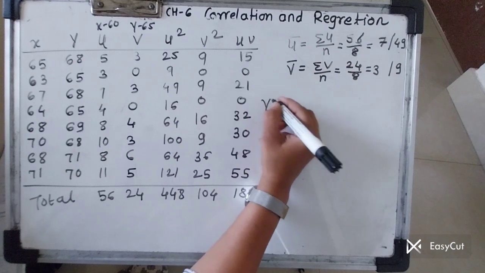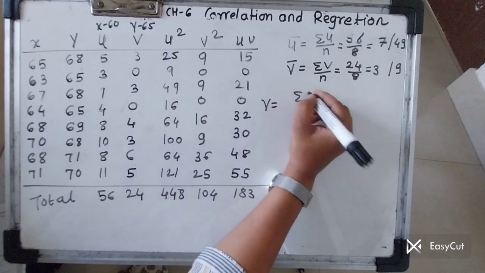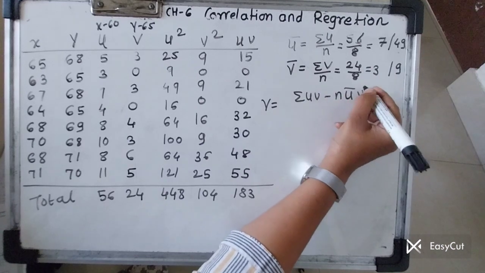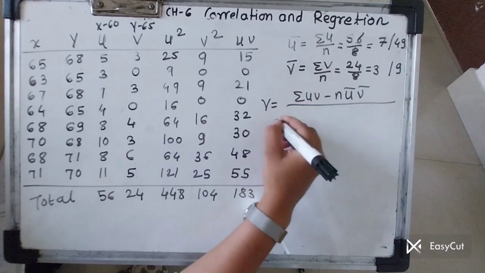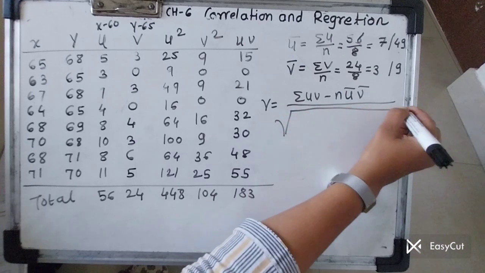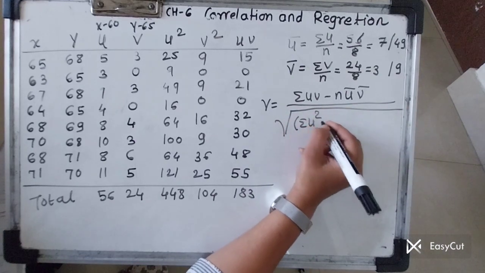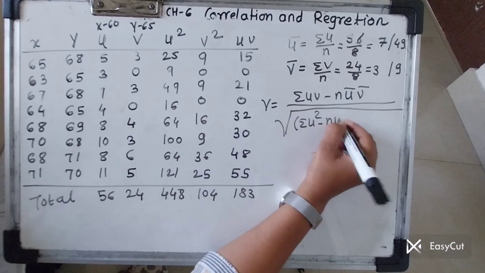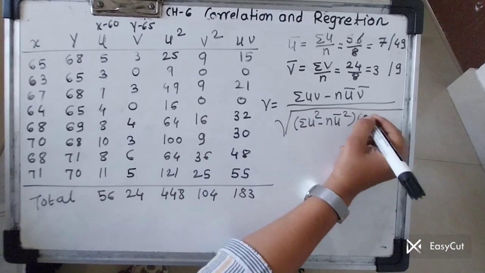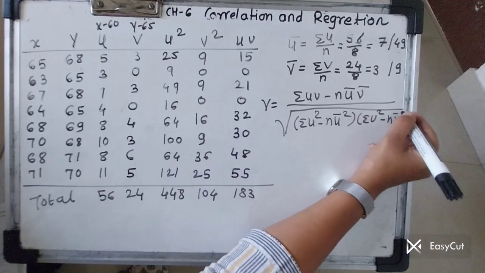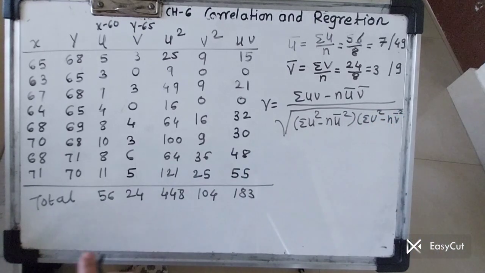Put all values in the formula. The formula is summation uv minus n u bar v bar upon under root, summation u square minus n u bar square into bracket, summation v square minus n v bar square. Okay.